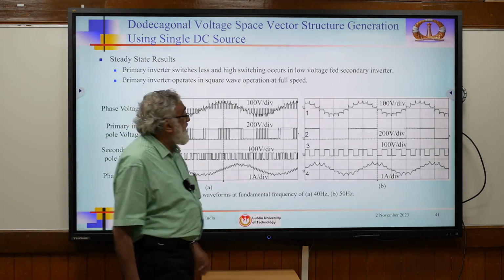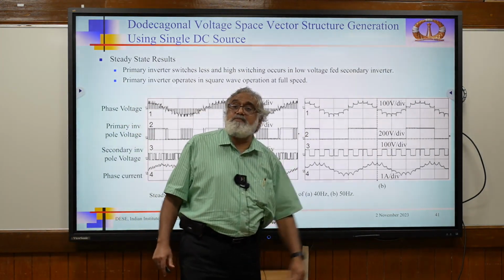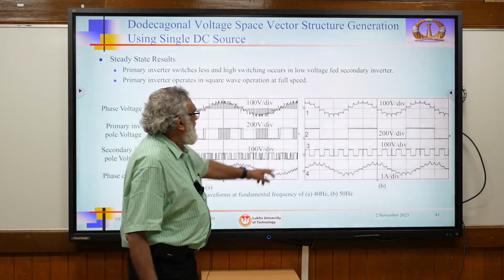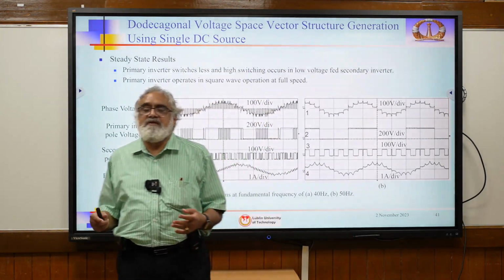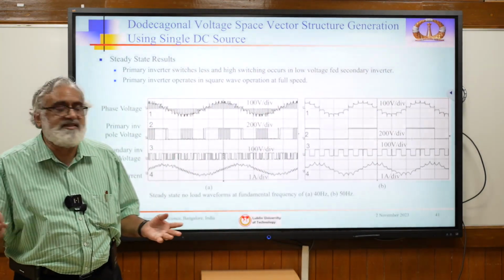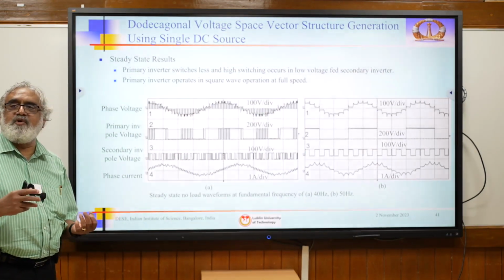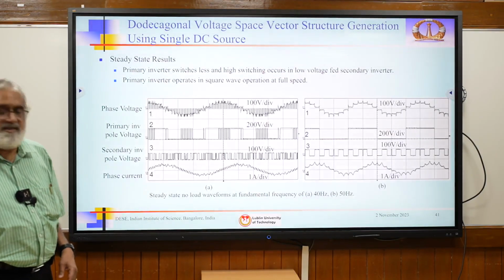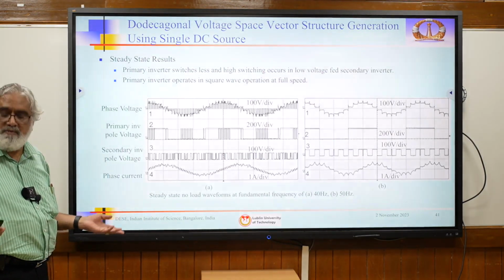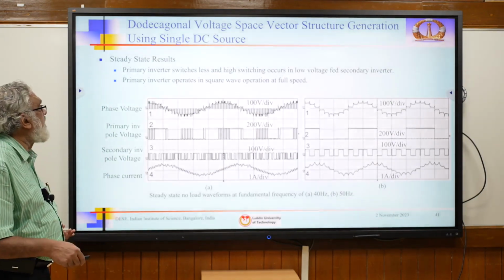At the same time, the main driver inverter can go to 6-step mode operation also. Still, we get a current waveform which does not contain the 5th and 7th order harmonics. So the linear modulation range can be extended to the full 12-step mode operation. So at the same time, low order harmonics can be suppressed.